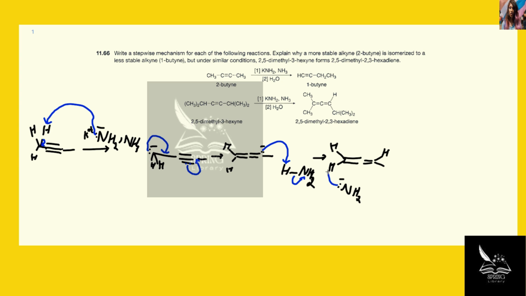So this base can pick up this proton, making a new carbanion. Now this carbon has 2 electrons here, but remember, carbon doesn't like to be anionic, so it's going to make a new double bond here with its lone pair electrons. When you make a bond, you break a bond. So now you made a new carbanion.